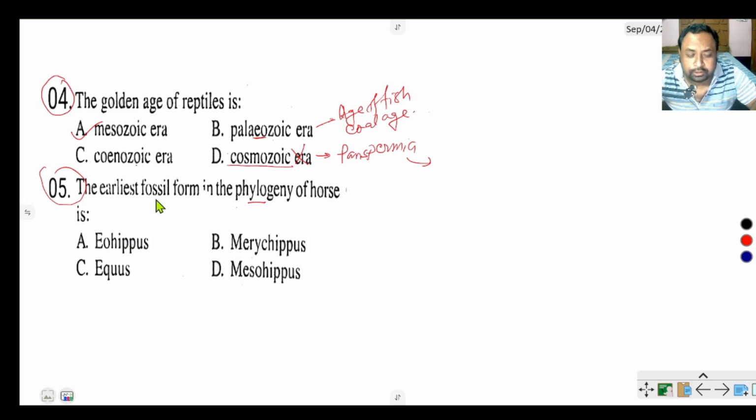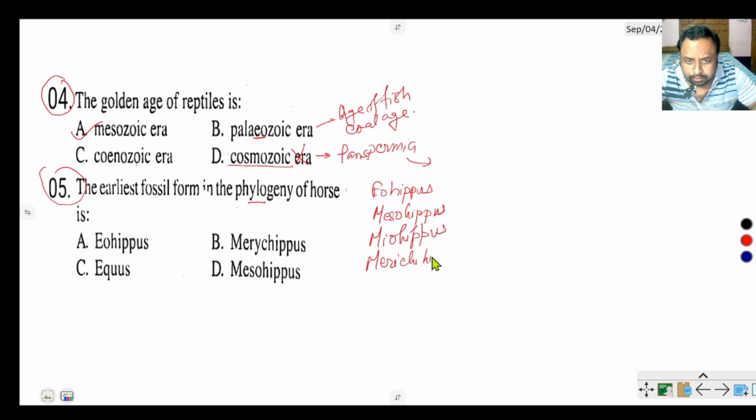So the evolutionary sequence of the horse is Eohippus, Mesohippus, Miohippus, Pliohippus, and Equus.